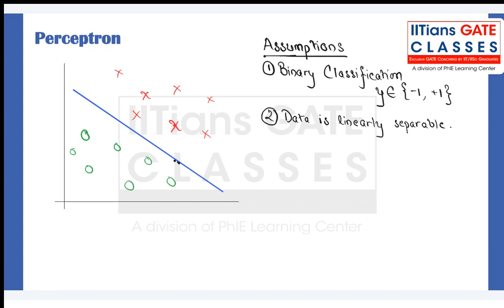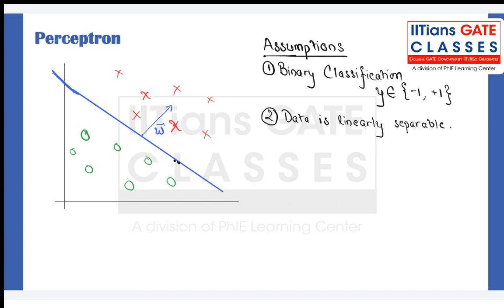So if I extend this line beyond the axis and touch it to the y-axis, then let's say that this line has a perpendicular called W, which is also called the weight vector.